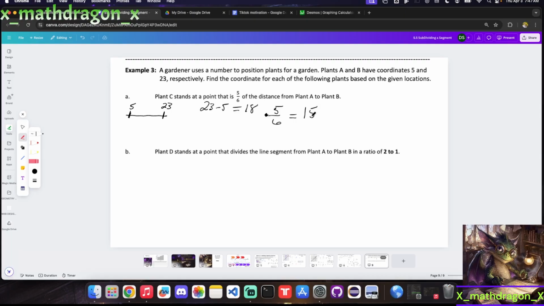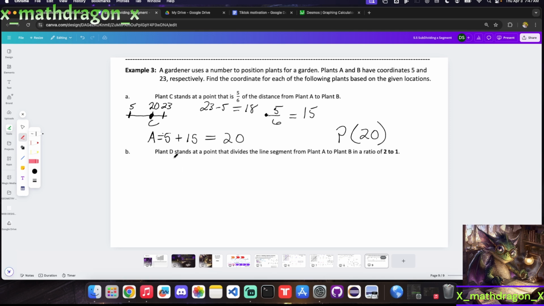So this is 15 jumps from A. So if I take A and I jump 15 spots, we'll take our A value, which was 5, add our jumps, which is 15, which gets us to 20. So our P is going to be at 20. And that's where we're going to put our plant. And that was plant C.